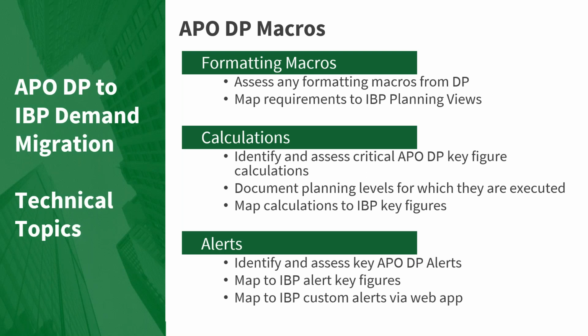Okay. All right, so the other thing we're going to want to focus on is your demand planning macros. You think about a macro, there's really three functions of your macros. The formatting macros, which is really looking at how you format and view something for the users, if it's different colors, et cetera. All of those formatting macros will then go to the Excel front end, or the front end GUI.